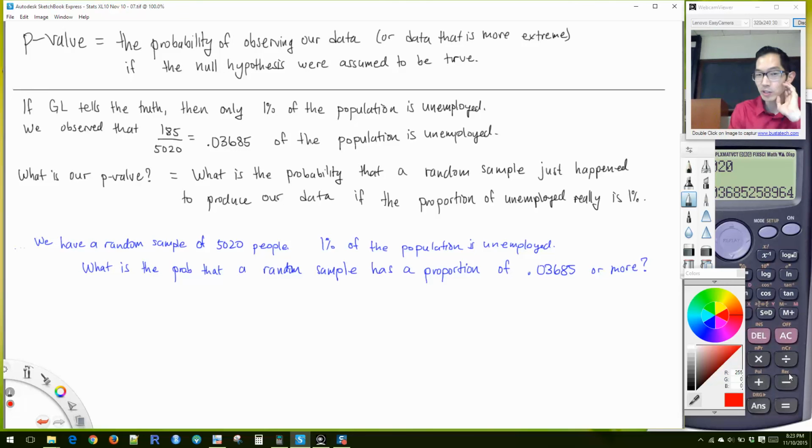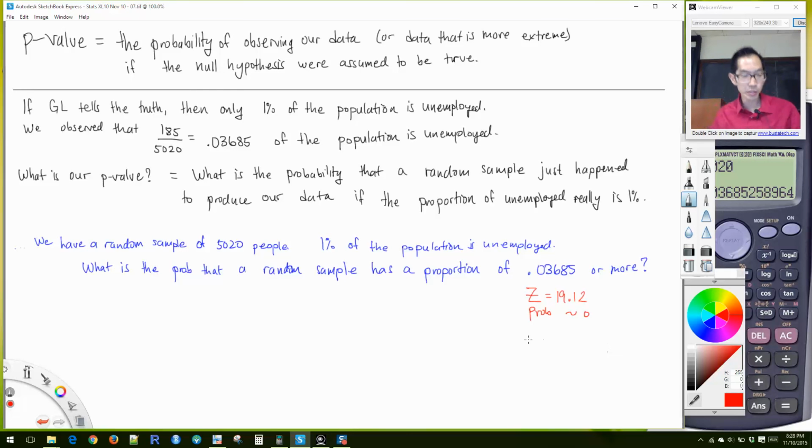It's very similar, except we've replaced our numbers: we're talking about unemployed people, and we've got a big sample and a big difference here. Please try it, and we'll come back together and go over the answer.